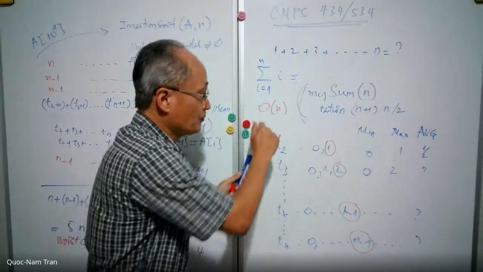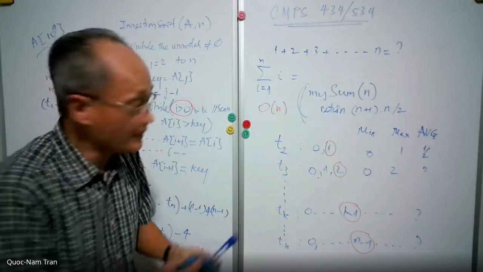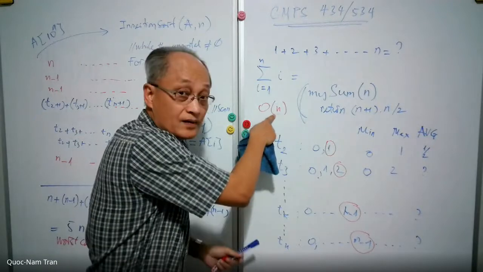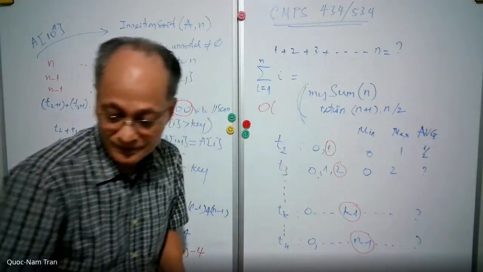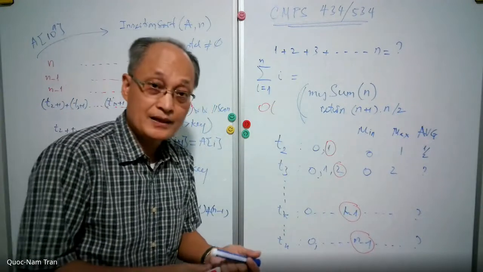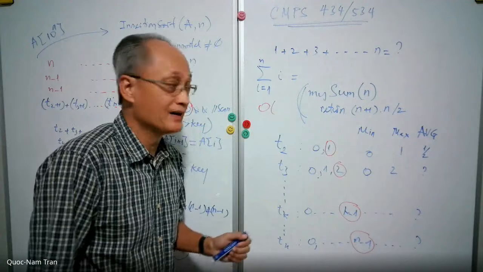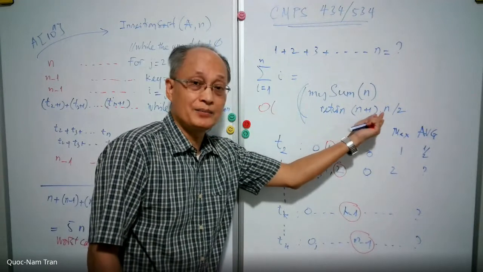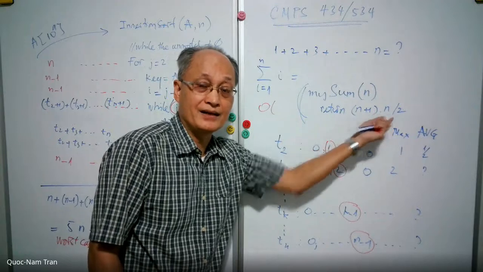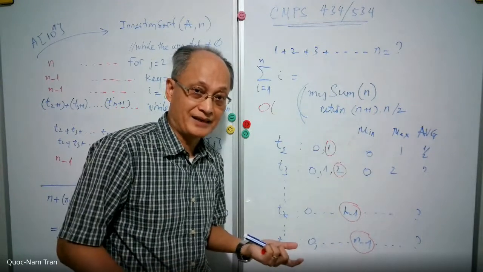But what is the complexity or the performance of this algorithm? It's no longer big O n. It will take how many steps? One addition, one multiplication, and one division. 3 steps, right?